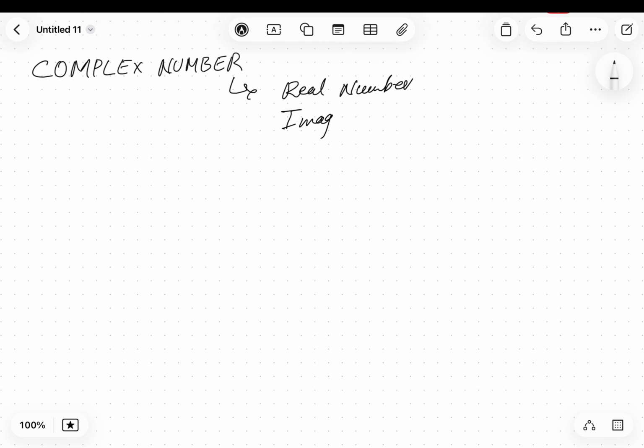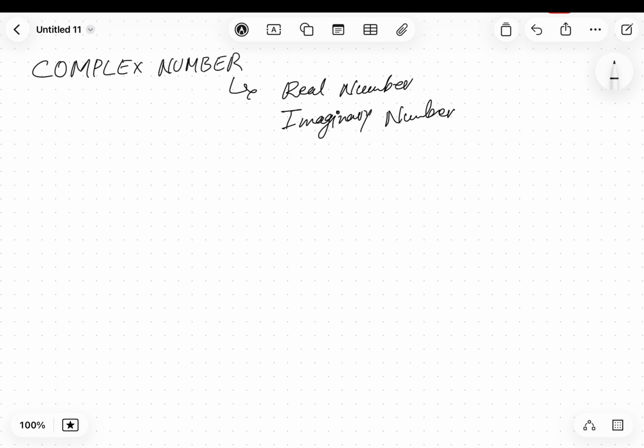So in the last video, what we understood is that a complex number is a mixture of real number and imaginary number.